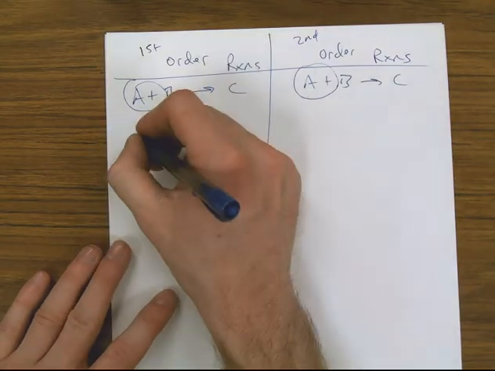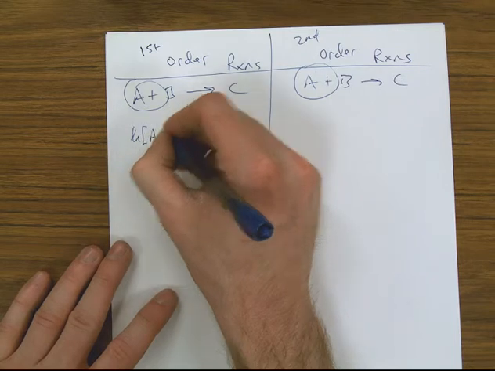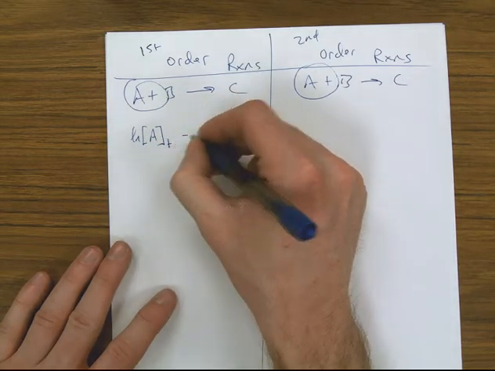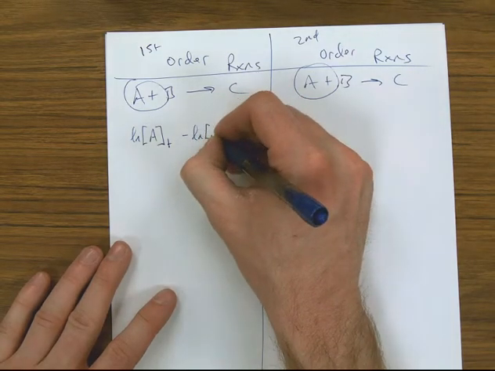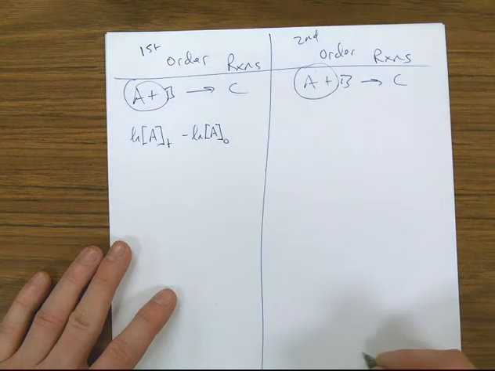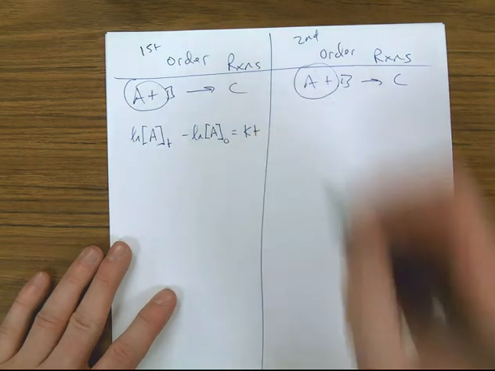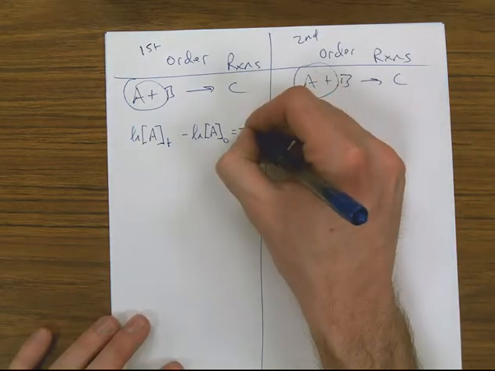So let's go ahead and copy it down. It's the natural log of the concentration of A at time t minus the natural log of the concentration of A at your starting time equal to kt. Actually, it's negative kt, so make sure you have that minus right there.